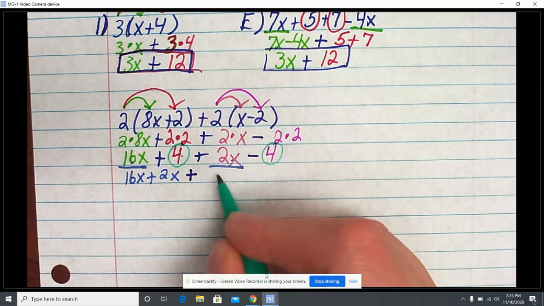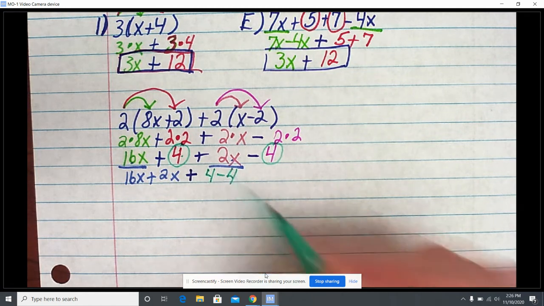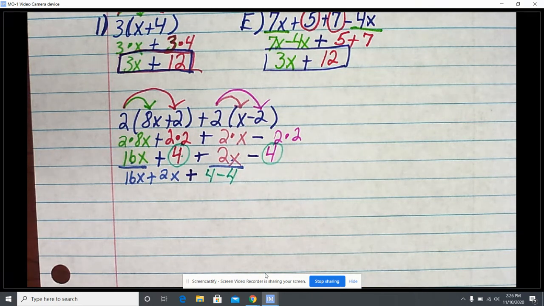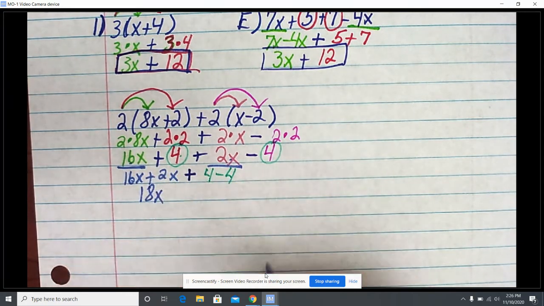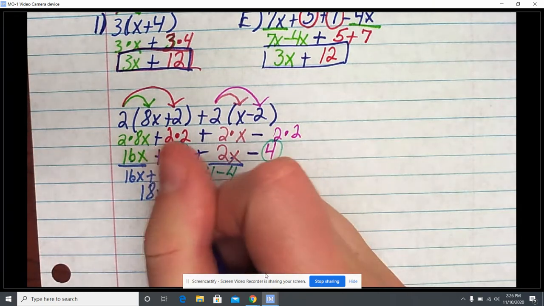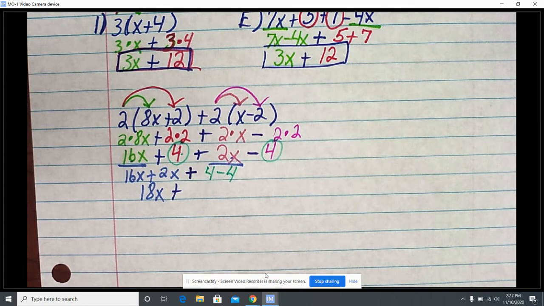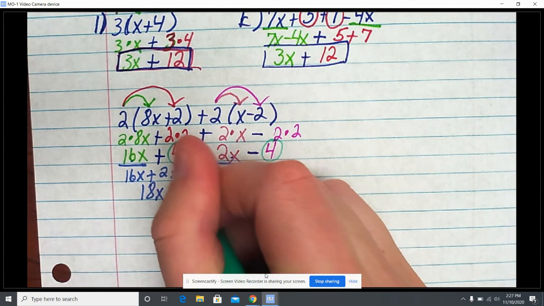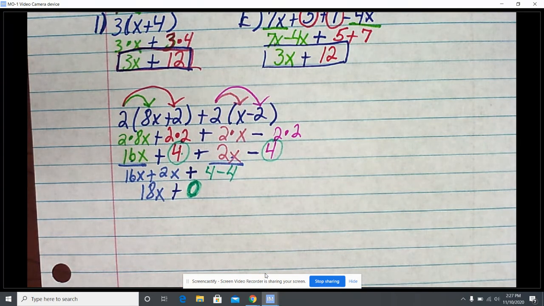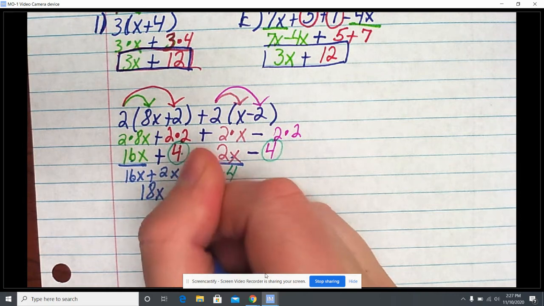There's a minus sign, so I'm taking 4 minus 4, and I'm gonna work those out. So 16x plus 2x gives me 18x. 4 minus 4 gives me 0, okay? So then, my answer would just be 18x.